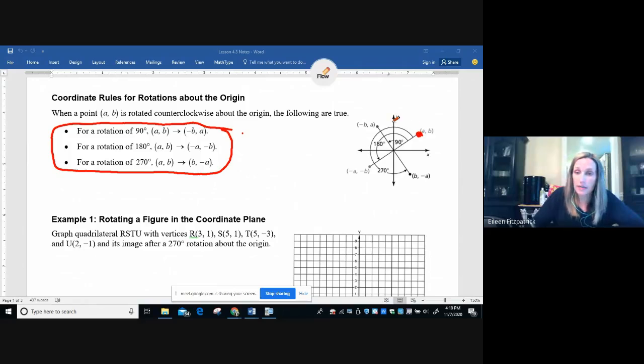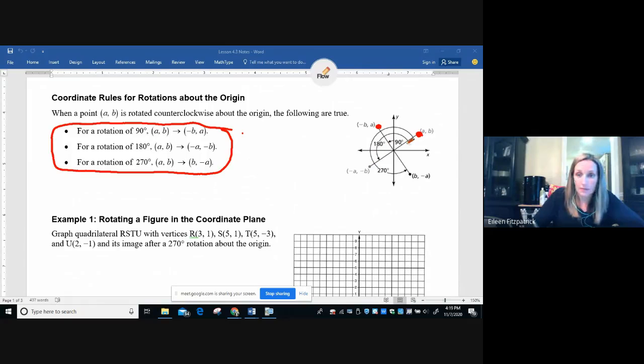If we rotate it 90 degrees, because it lands in the second quadrant, it's going to have a negative X value, but it's actually going to be negative B, comma, A. So basically, the coordinates flip, and the B value had to become negative, the opposite.